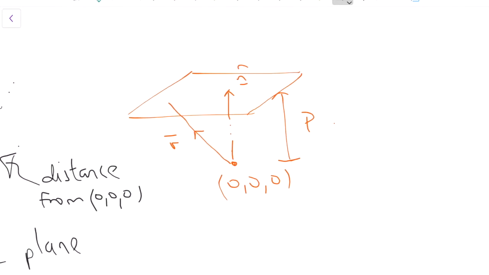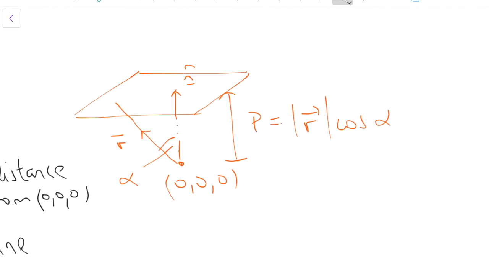Let's say this angle is alpha. Well, it's pretty clear that p is r cos alpha. And r cos alpha is r dot n hat, because n hat has magnitude 1. So this term is 1.